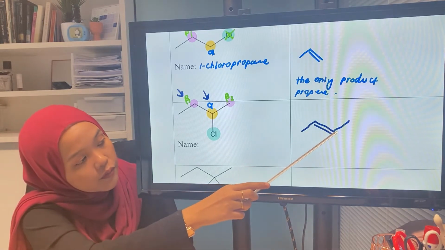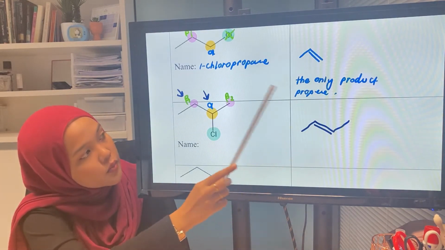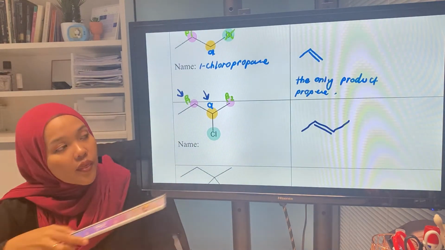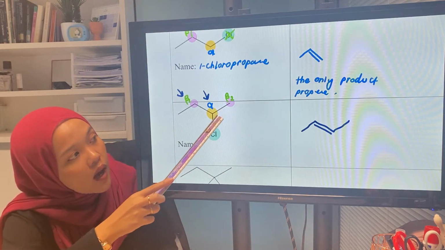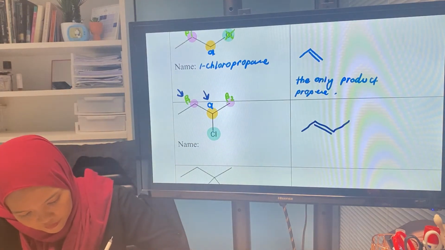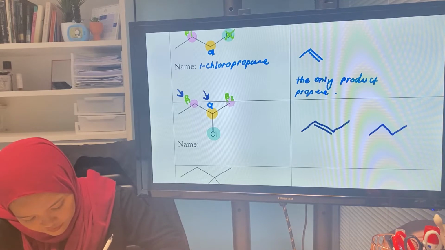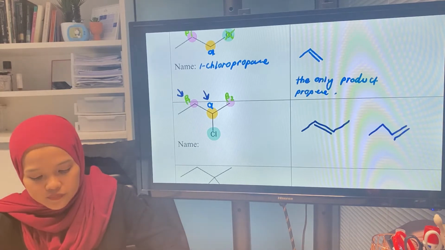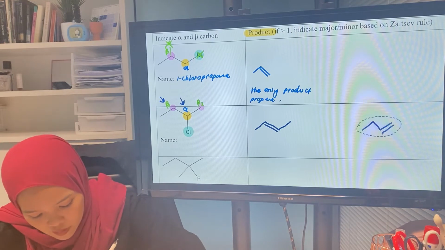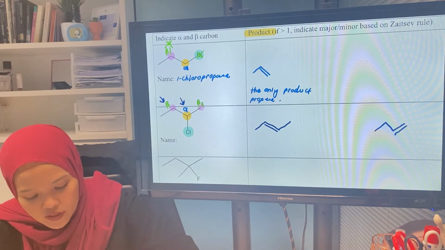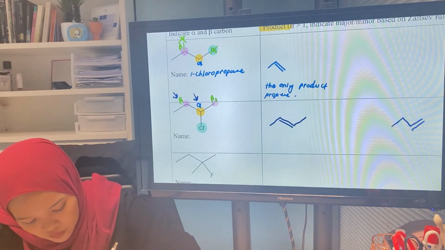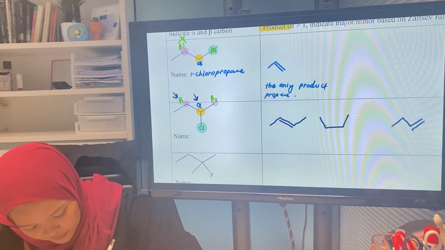The bond will form between alpha and beta 1, or the bond can also form between alpha and beta 2. So you are going to have it like this. Another thing you need to remember: check whether it has cis and trans. The answer is yes, so you can also have it like this.